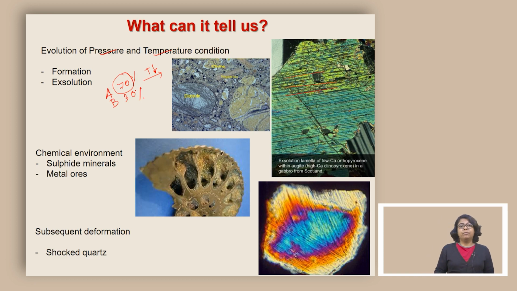Change in chemical environment is also traced back to the minerals. So, for example, this is a fossil, and within the fossil you find some glittery material which shines. These are pyrite. This means it is a sulfide mineral. Now, we know that sulfides are not really stable in a high oxygen environment.